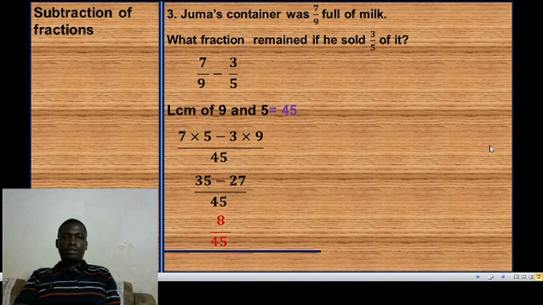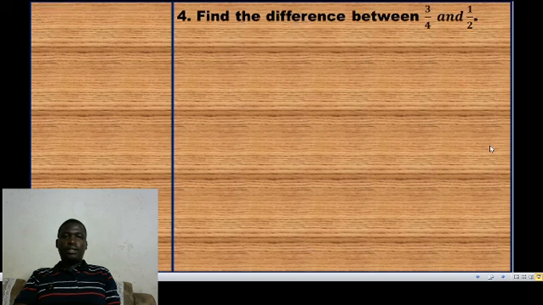The last one is: find the difference between 3 out of 4 and a half. So we have 3 out of 4 minus 1 out of 2. What is the LCM of 4 and 2? Our LCM is 4. So 4 divided by 4 gives 1.